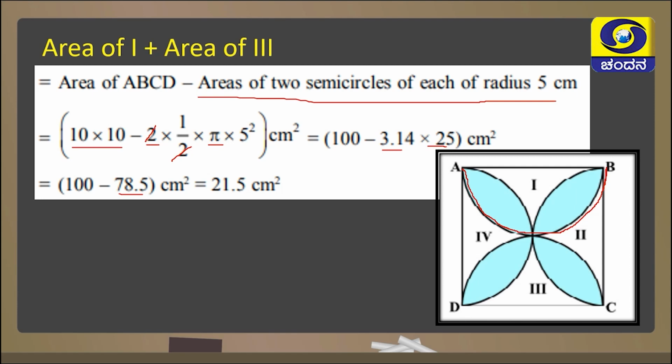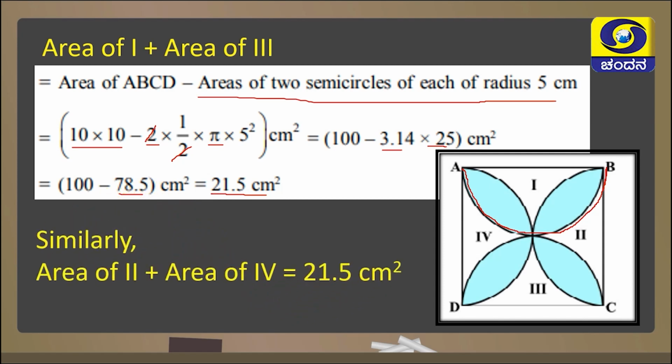We are subtracting 78.5 from the area of the square, that is 100 centimeter square. We are getting 21.5 centimeter square as the answer. Since the sides, or the diameters of the semicircles, are the same, we can say that the area of second and the area of fourth will also be equal to 21.5 centimeter square, children.